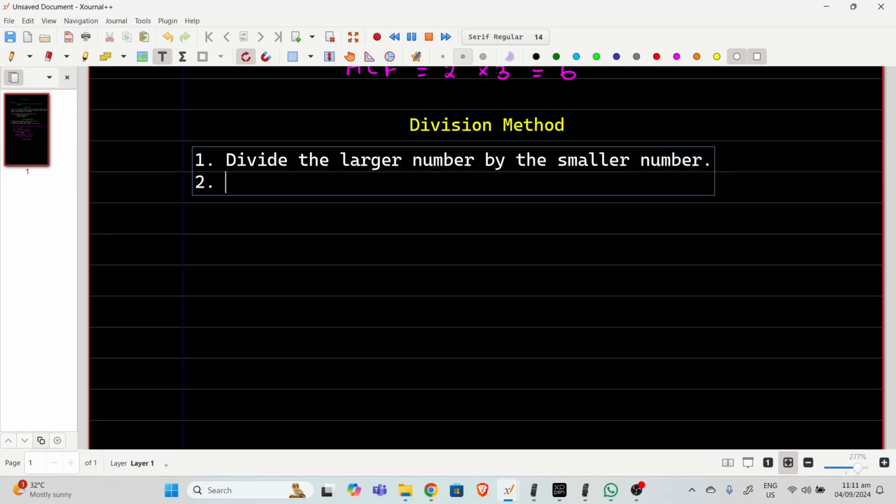Then the second thing that we do is we use the remainder to divide the previous divisor.